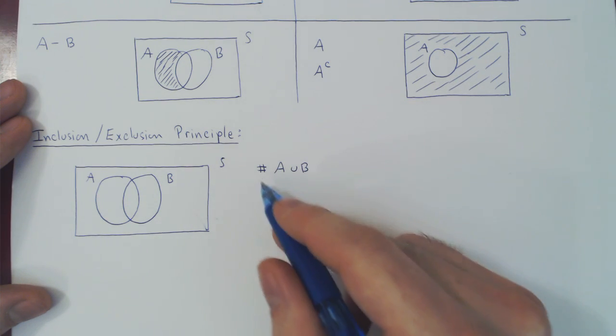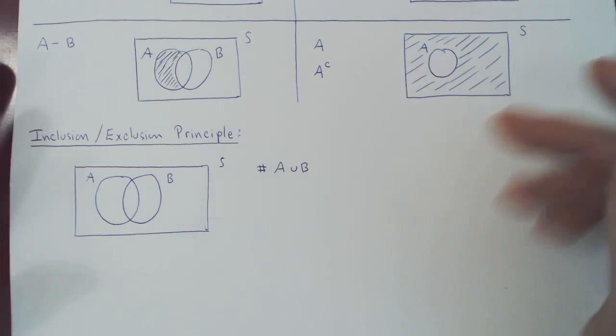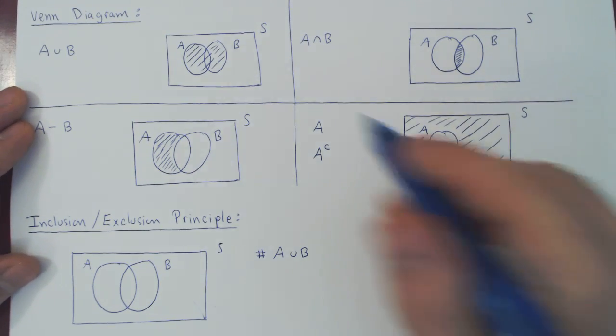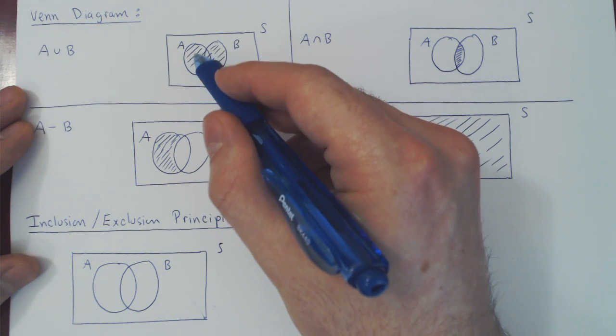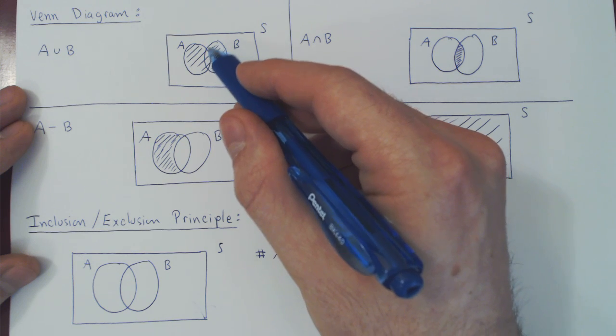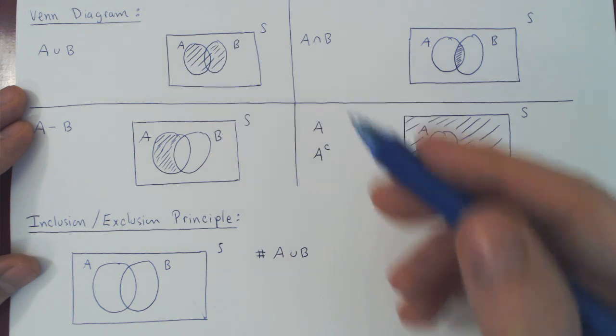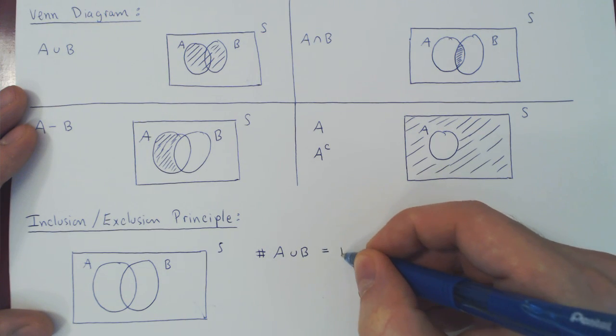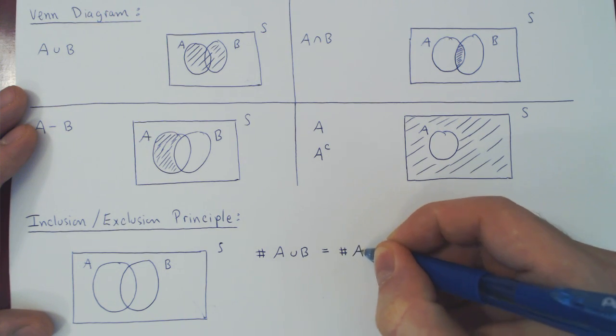So, we asked, what is the size of A union B? So how many elements are in A union B? Well, as we know, A union B is all of A and B put together. So the number of elements in this bigger region. Well, let's start counting. Let's add all the elements in A first.